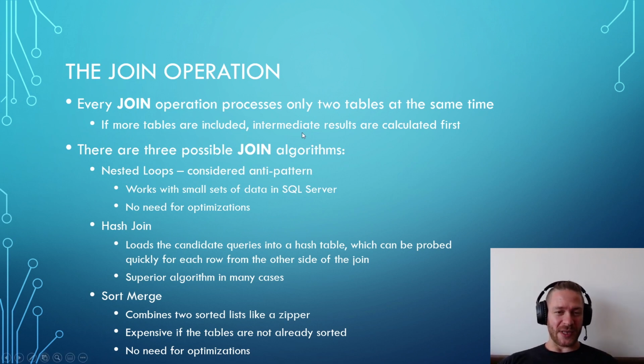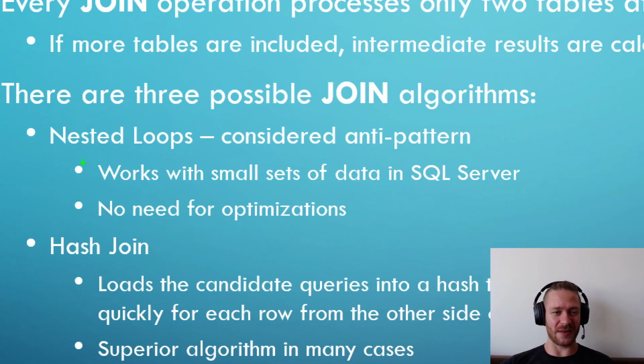In SQL databases, there are three possible algorithms which a join operation may use. The first one is nested loops. Nested loops is just a regular for loop executed over one of the tables, and then another for loop executed on the other table.